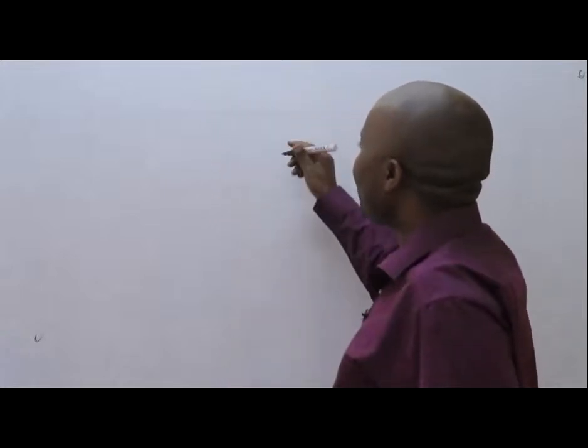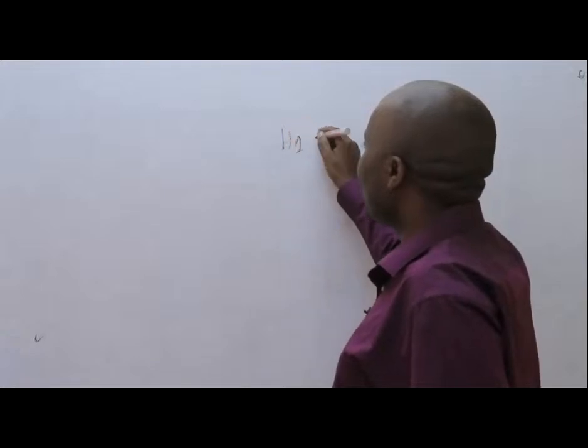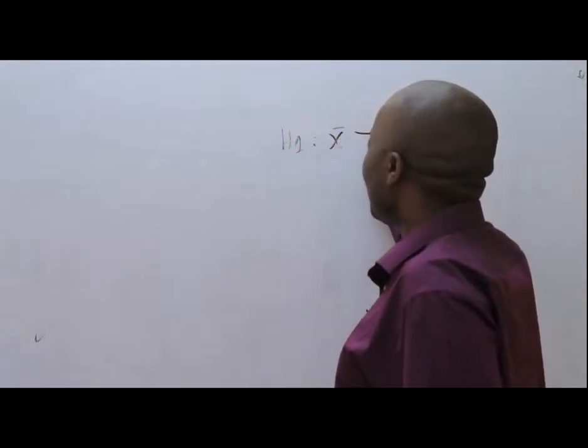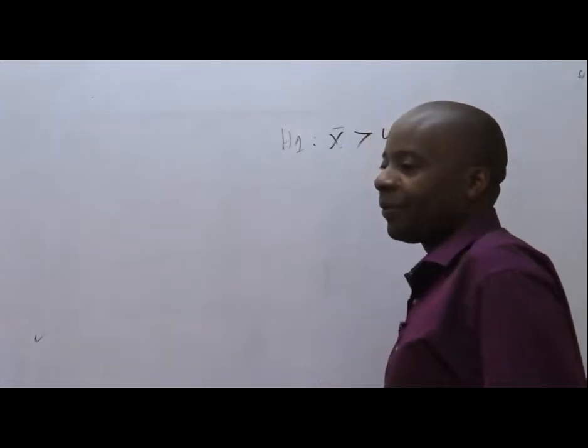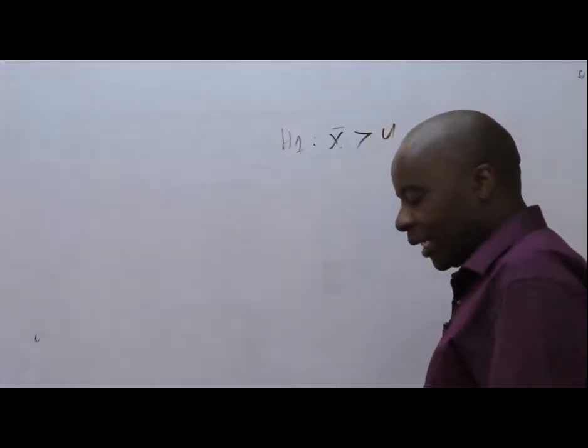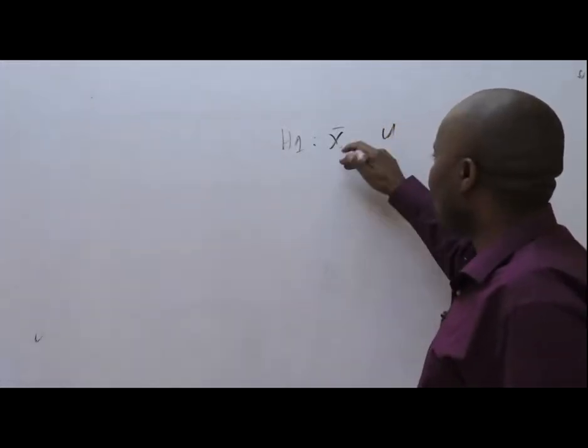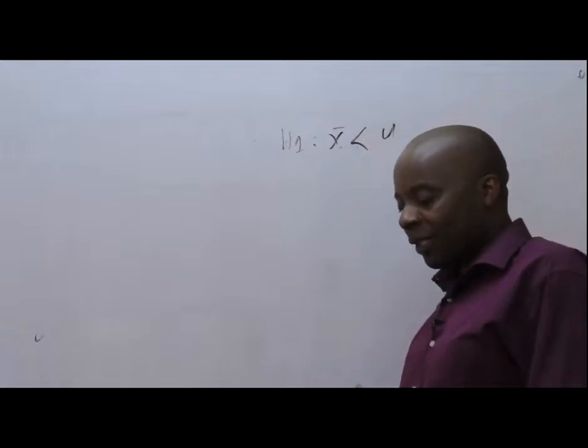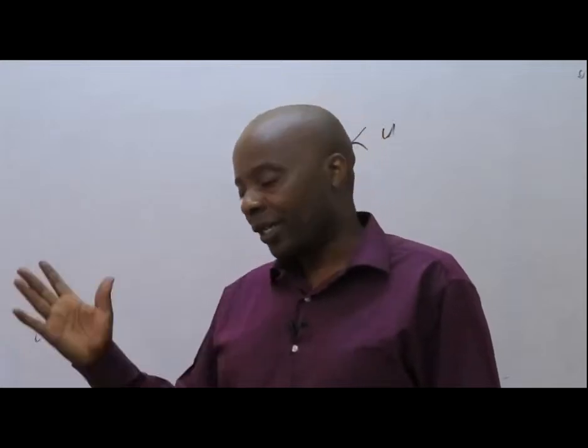You see, if, for example, your alternative hypothesis says X bar is greater than mu, you want to test the allegation. For example, there are some members of the public who have come making a lot of noise to Kenya Bureau of Standards, that the kind of bread you're getting nowadays, the weight is so little.